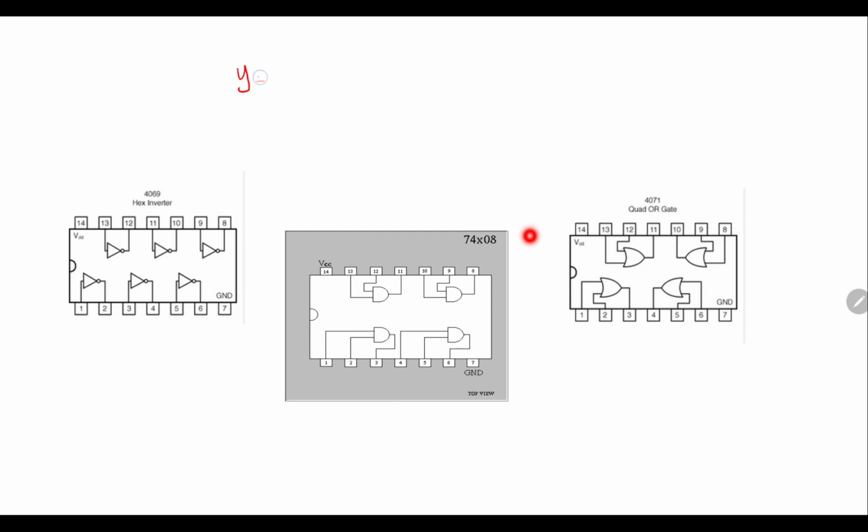For example, if you want the output Y equals A B bar plus B bar C bar, input A doesn't have a bar, so you can use this one as input A. For B bar, you can use this one as B bar. You can choose which one: this one is B, this one is B bar.